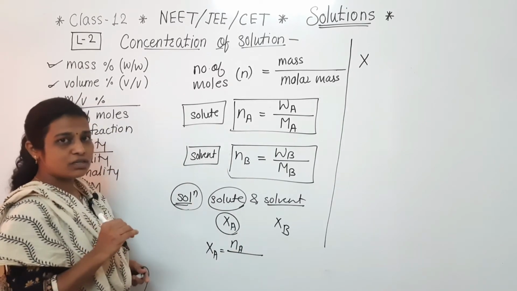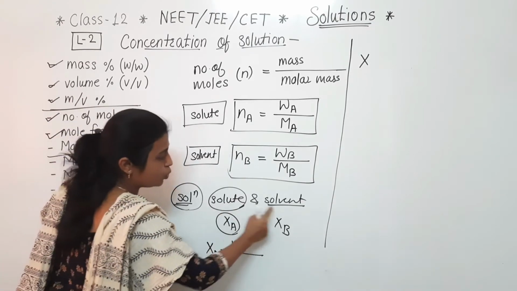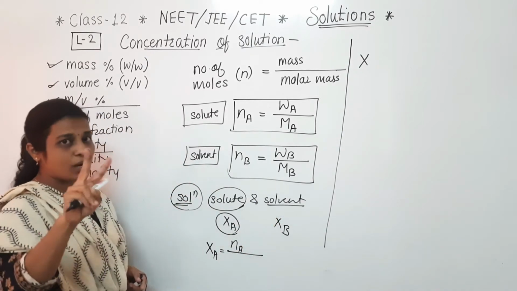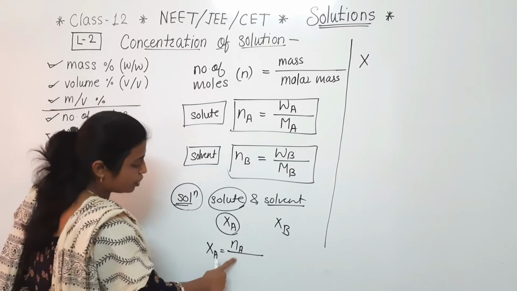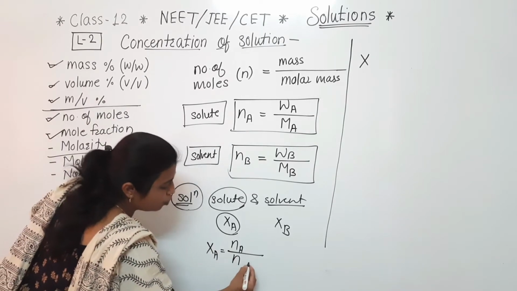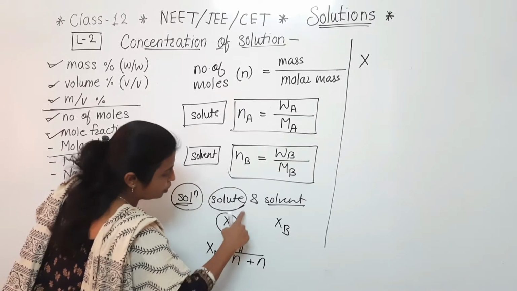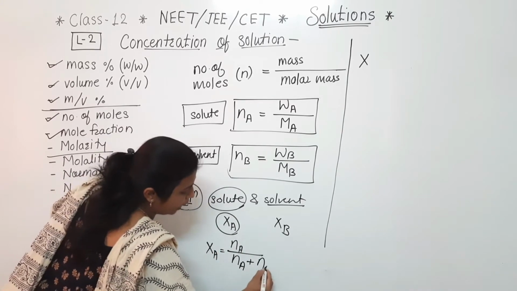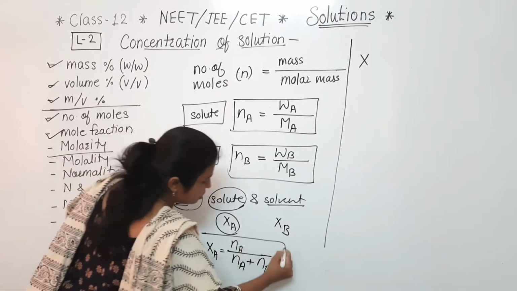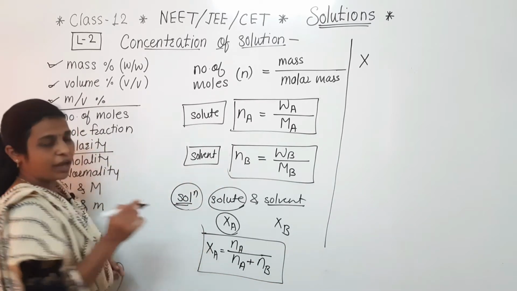So how many components are involved? Only solute and solvent, which means two components are involved. So it is the ratio of the number of moles of the component to the sum of the number of moles of solute and solvent. This is the formula for the mole fraction.